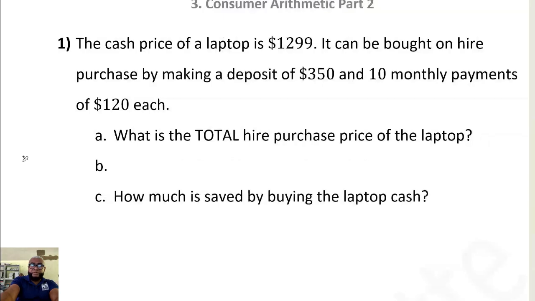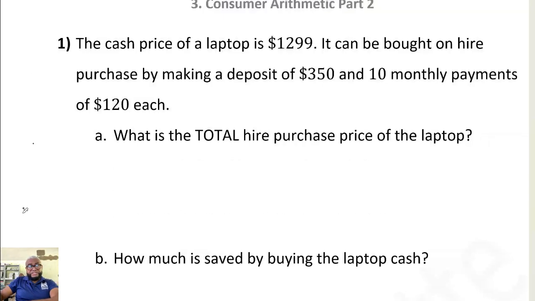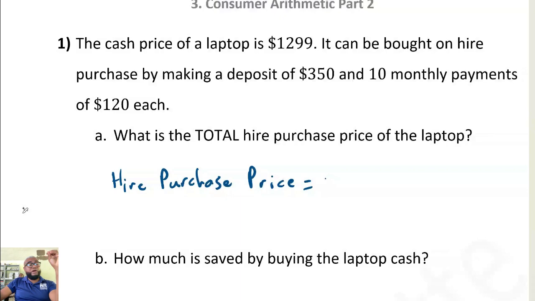Right? So we go in total hire purchase price. So remember, I said it's the deposit. How much is the deposit? Plus, if it's 10 monthly installments of 120, how would I calculate that? The working will be 10 multiplied by 120.